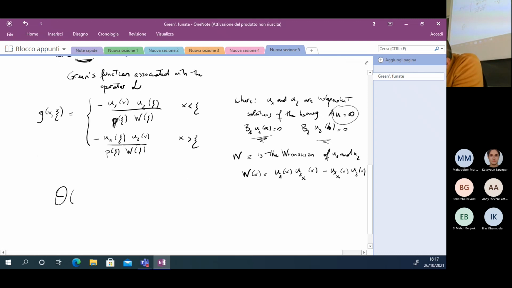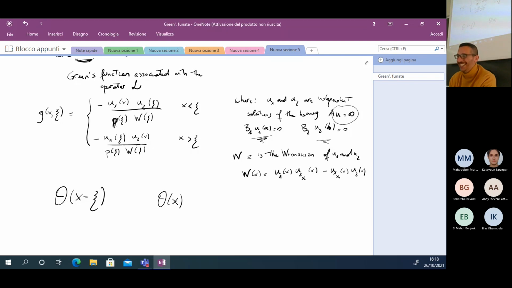What's this thing, guys? Have you ever seen this function? The theta function, the step function, a function which is 0 when x is less than 0 and 1 when x is larger than 0.